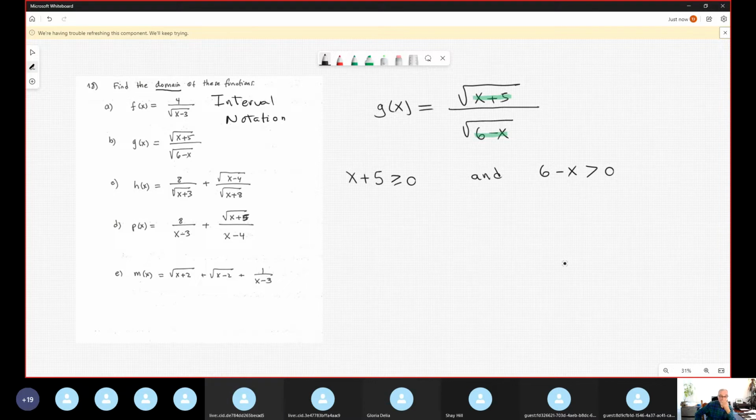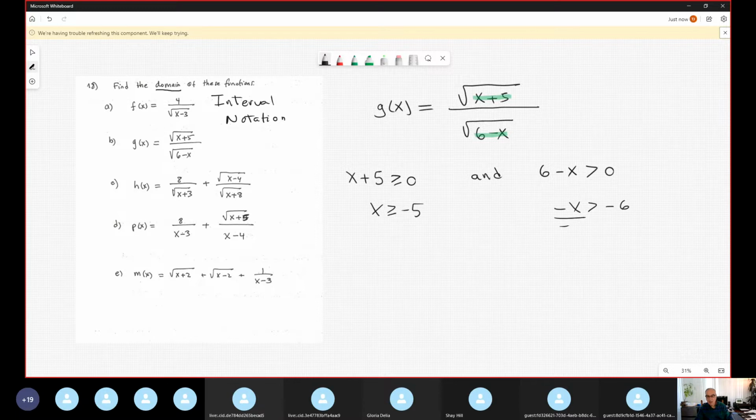Yes. And you need to find the bunch of values, the interval, that satisfies both conditions. You solve it, and in this moment you face one compound inequality. You solve it one by one separately, and finally we connect it in the number line. So here x is greater than or equal to negative 5. Done. And this one is a little bit more complicated because it's negative x greater than negative 6, right?